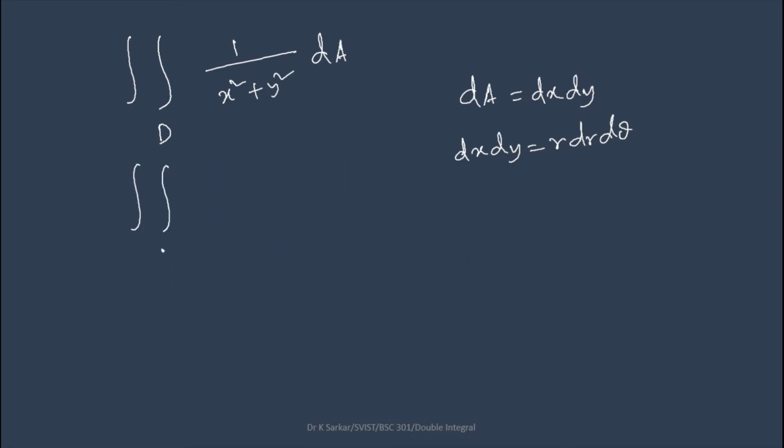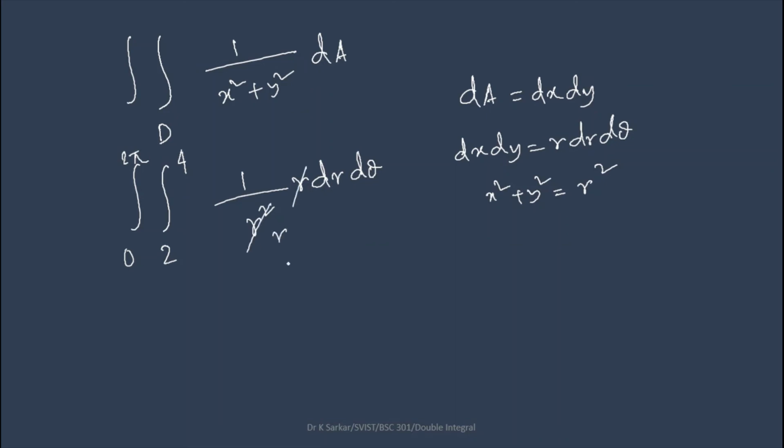So r values from 2 to 4, theta values from 0 to 2 pi, and 1 by x square plus y square equals 1 by r square. And dA is r dr d theta. So one r is cancelled. So we have 0 to 2 pi, 2 to 4, 1 by r dr d theta.